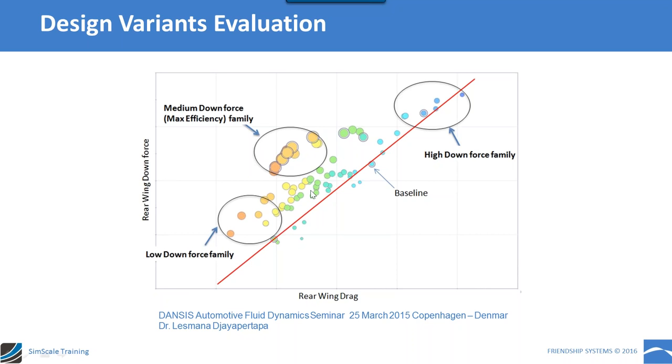So here we can see the different designs, and this is the baseline. And the interesting thing is just from one run, so just from using the first run of optimization, you will get different design categories.